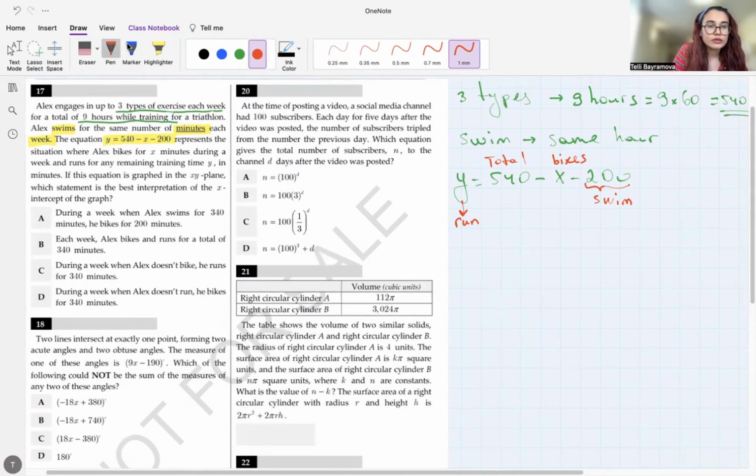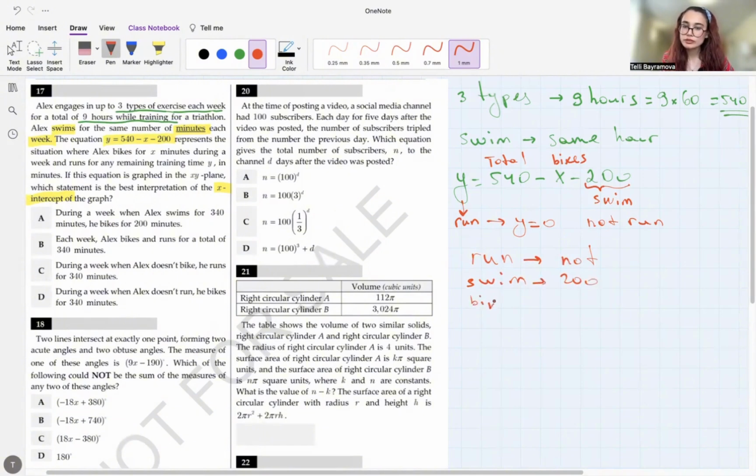Let's look. If the equation is graphed in the xy-plane, which statement is the best interpretation? X-intercept means y equals 0. It means that he will not run. If he does not run, we find swim is 200, and bike is what?